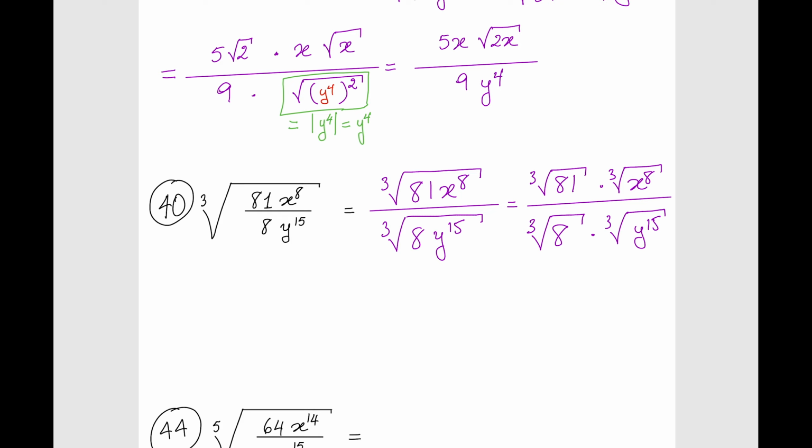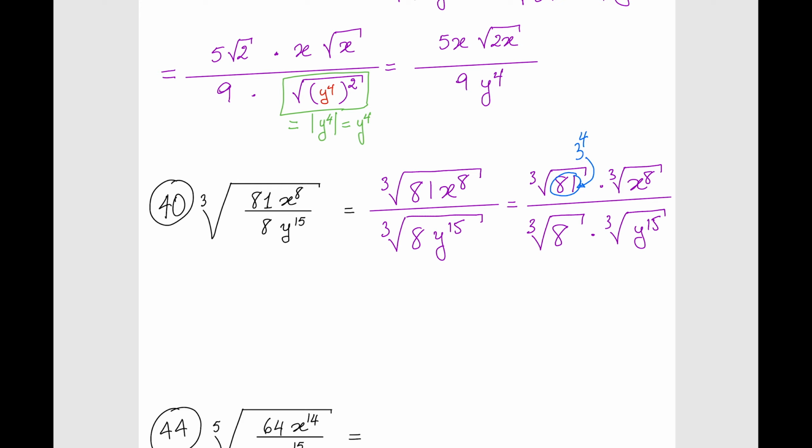Let's start with this. 81 is, let's do it this way, 81 is 3 to power 4, right? 3 to power 4. Because it's 3 squared. 3 squared is 9. Square the 9, you get 81. So this 81 is 3 to power 4.